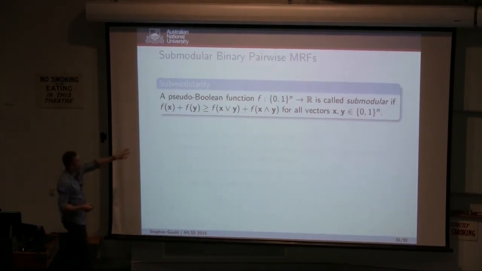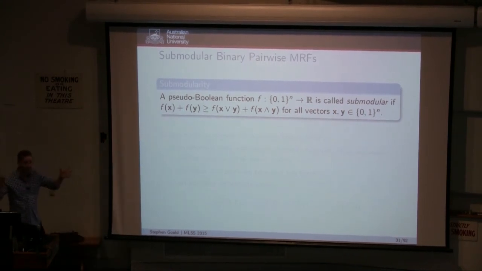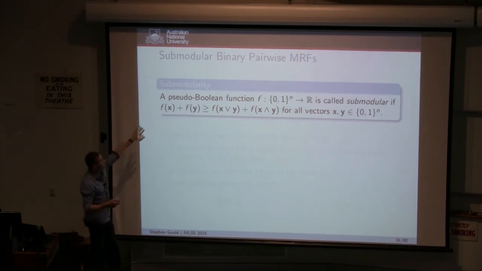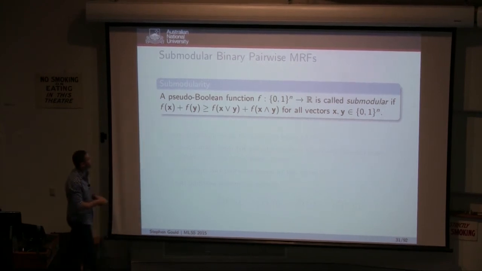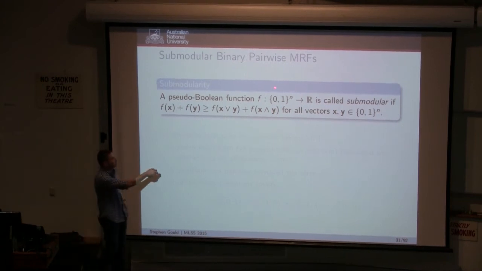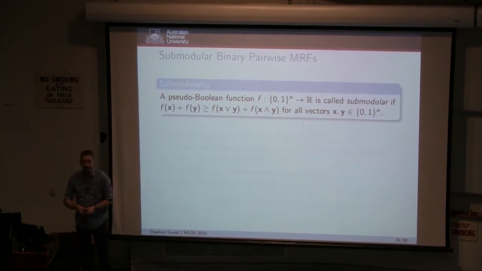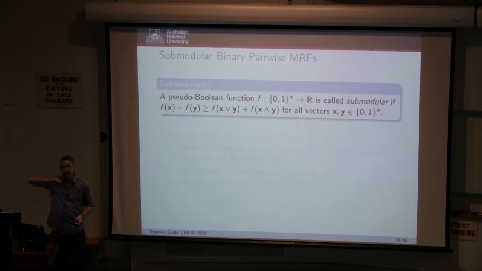right? Now, submodularity, as it's defined, is defined in terms of sets and set functions. It turns out there's an exactly equivalent definition in terms of pseudo-Boolean functions. Here you can think of the Boolean vector as just encoding whether a particular element is in the subset or not, right? So it's 0 if it's not in the subset, it's 1 if it's in the subset.